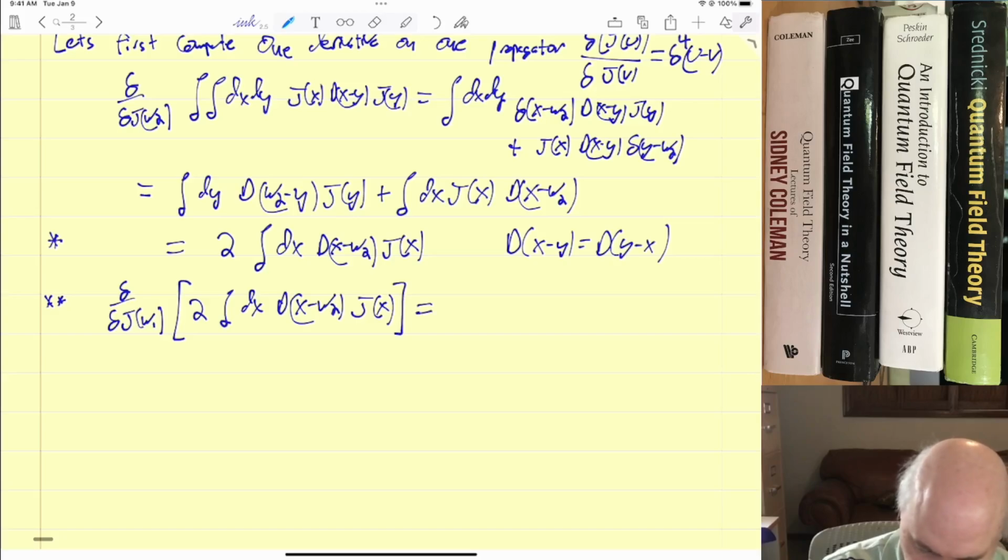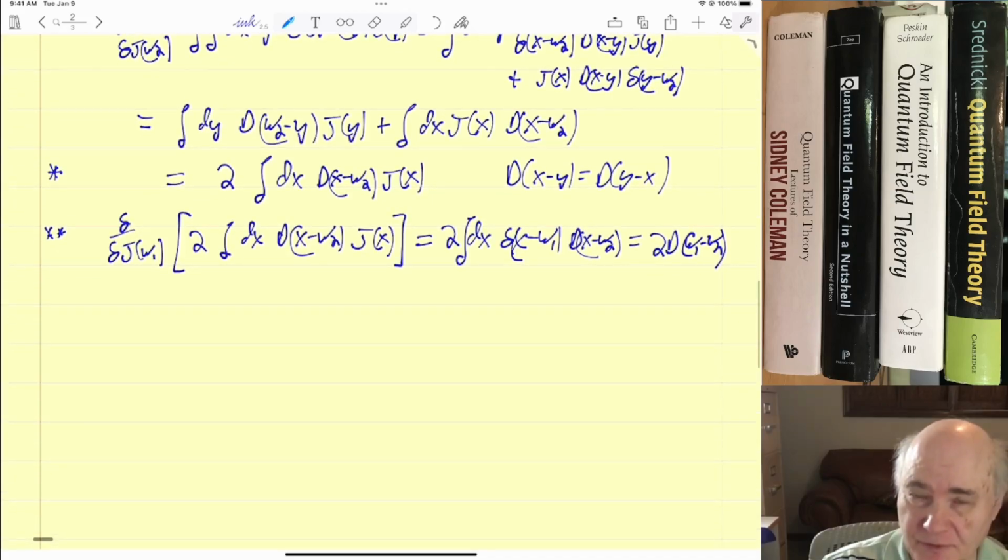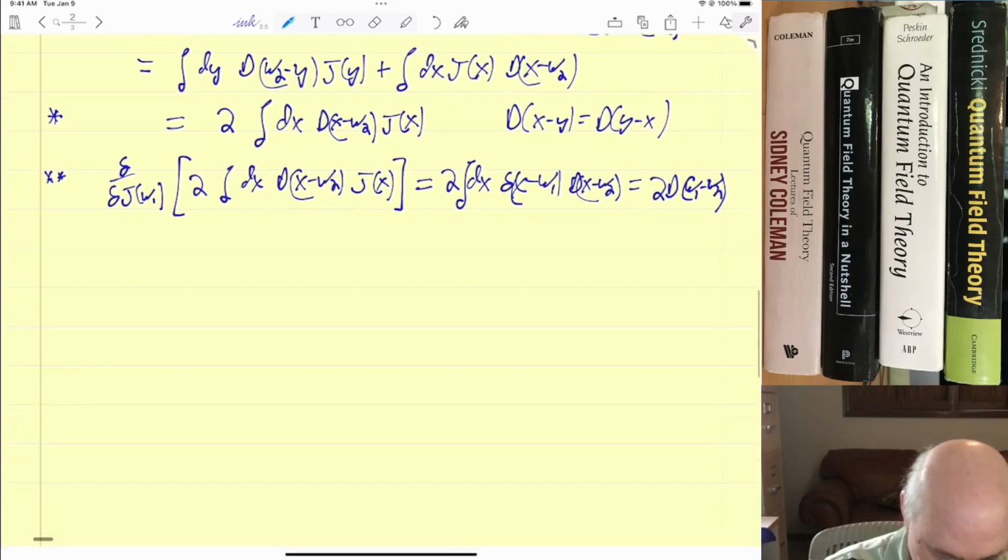And this is just going to be equal to 2 times the integral dx, delta x minus w1, dx minus w2, which is equal to 2 d of w1 minus w2. Okay, so we're going to need these two formulas later. The thing to remember about both of these formulas is they both have a factor of 2, whether we take one derivative or two derivatives. That will come in useful.